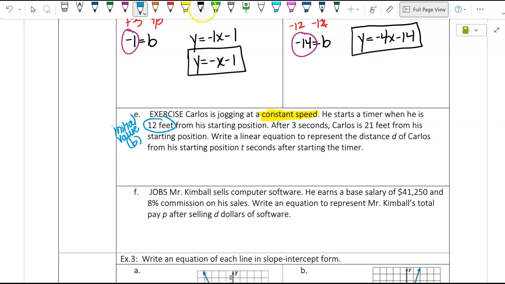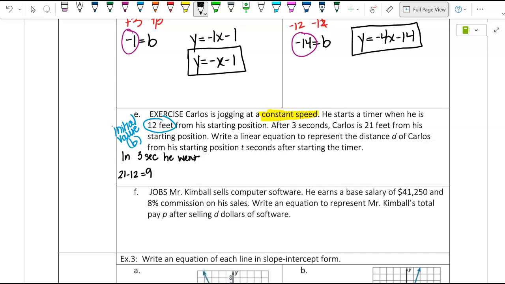I know that in 3 seconds, he went, well, I don't know how far he went in 3 seconds. I know he started the timer at 12 feet, and at 3 seconds, he was at 21 feet. So what is 21 minus 12? 9.